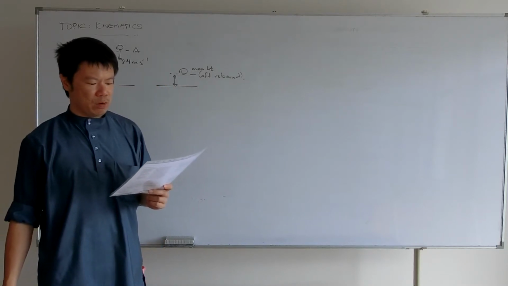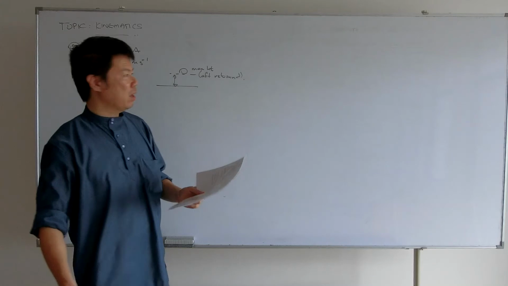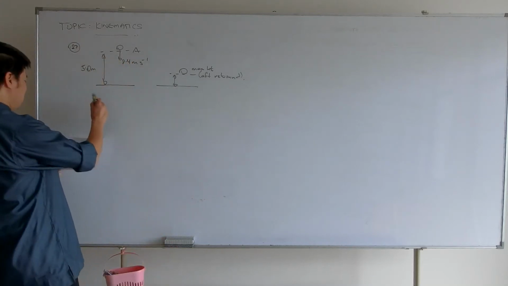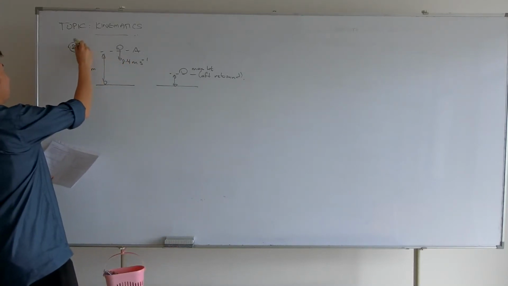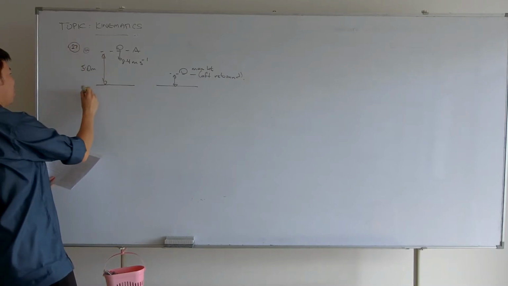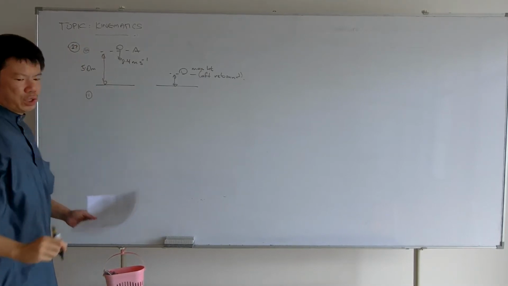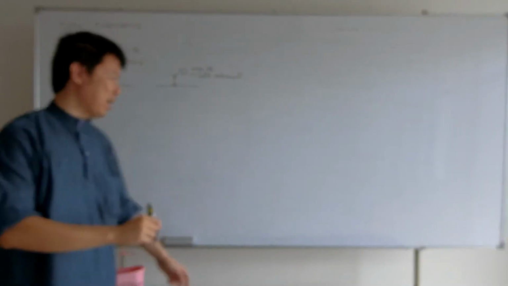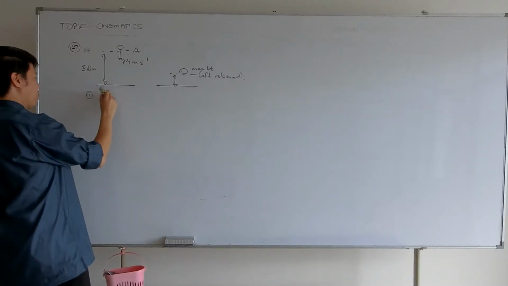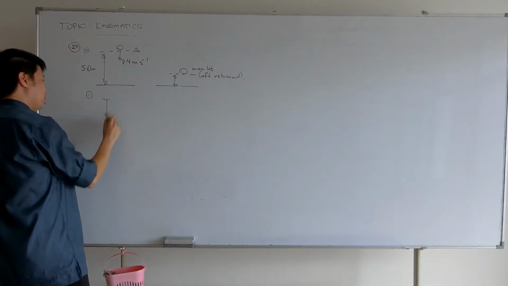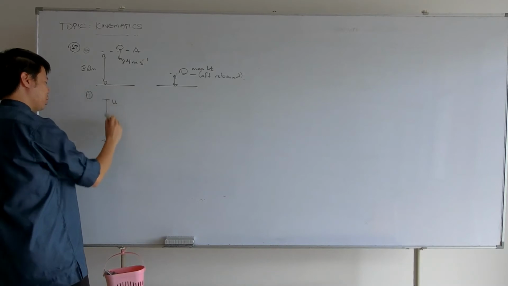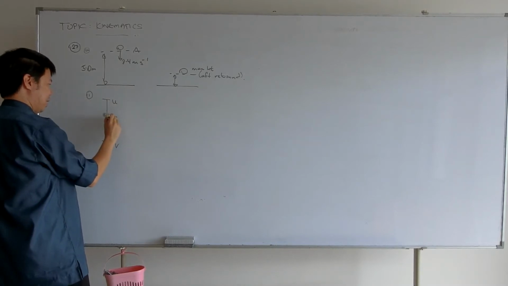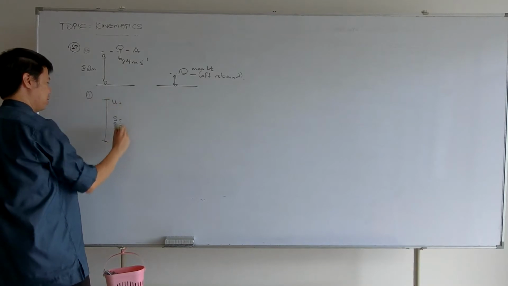1. Calculate the speed of the ball as it hits the ground. So this is A1. As usual, let us draw our UVAST line: U, initial velocity, V, final velocity, A, acceleration, S, displacement, and T, time. Remember, this is a vector question.